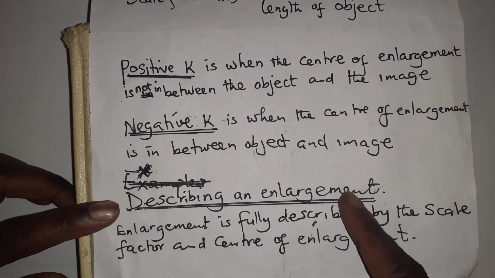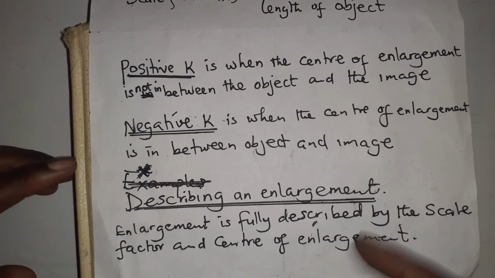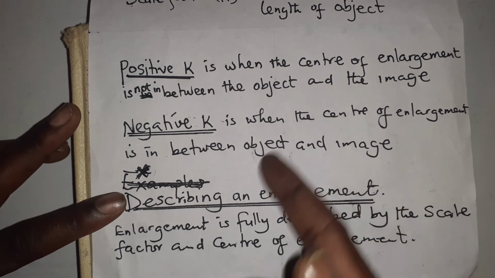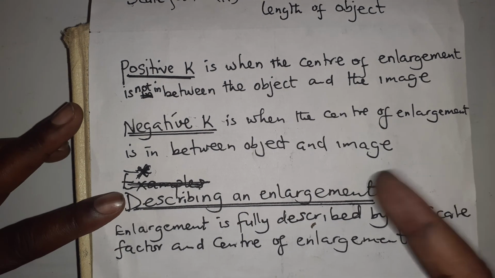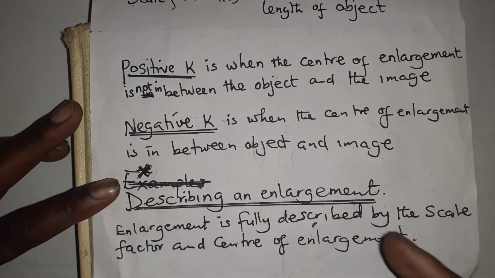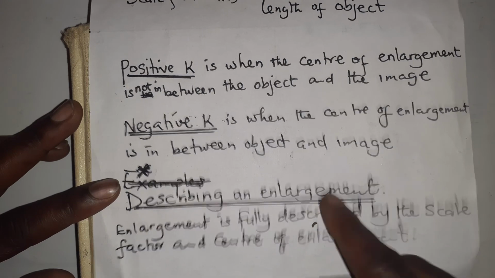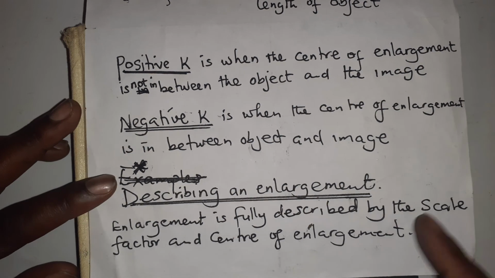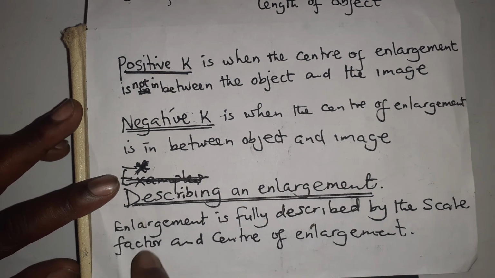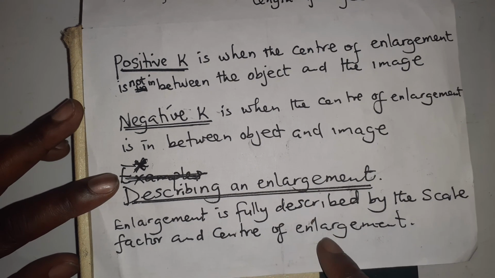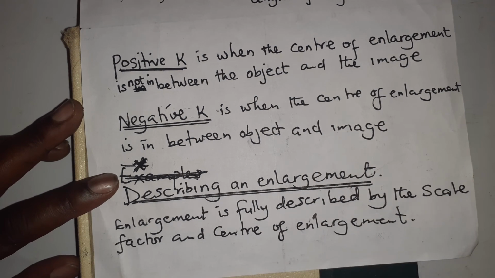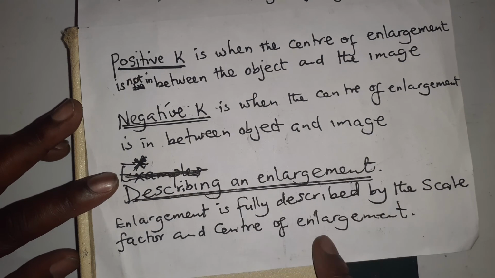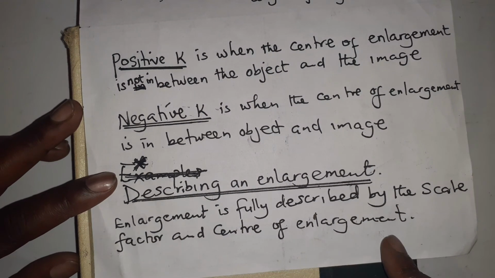Sometimes in most cases they may not mention the word enlargement, so you need to start by mentioning that it's an enlargement. You also write the scale factor and the center of enlargement. So you need to mention 3 things: enlargement, then scale factor, and the center of enlargement.